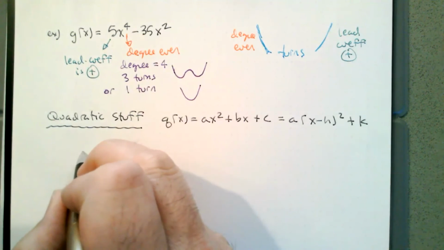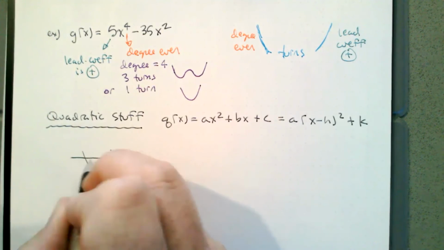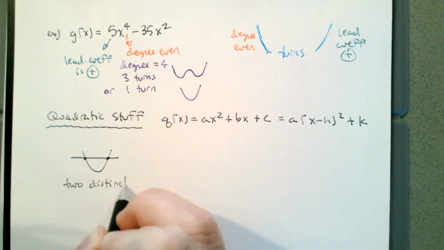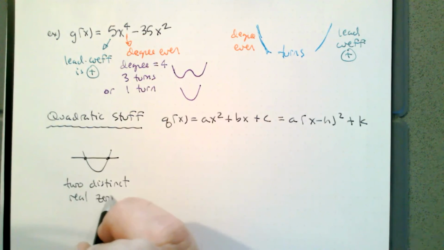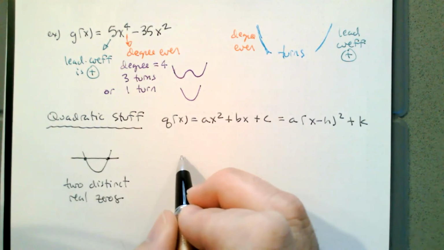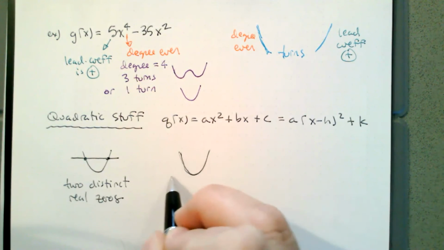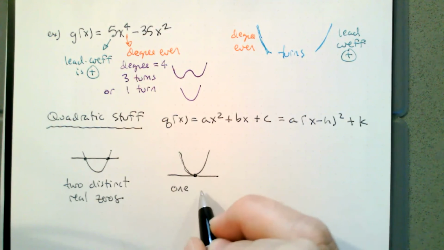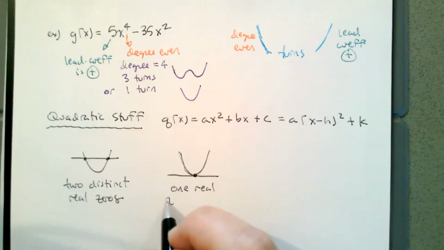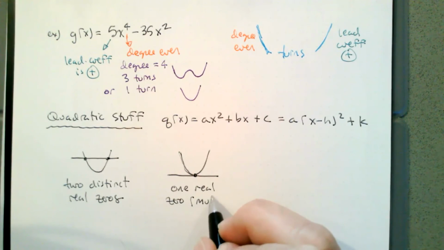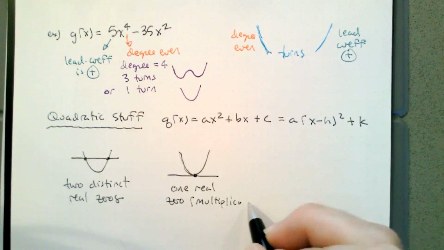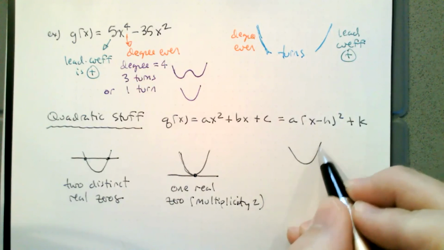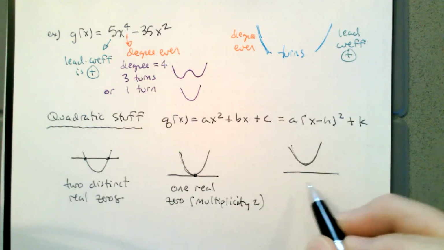I either have a polynomial with two real zeros, or I have a polynomial with one real zero with multiplicity 2, or two complex zeros.